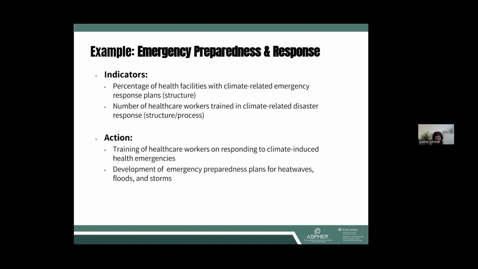Again, a structural indicator that refers also to a process. So here I would say it's a mix between a structural and a process indicator. And then the action would be the training of healthcare workers on responding to climate-induced health emergencies or the development of emergency preparedness plans for heat waves, floods, and storms. So this is just one example.